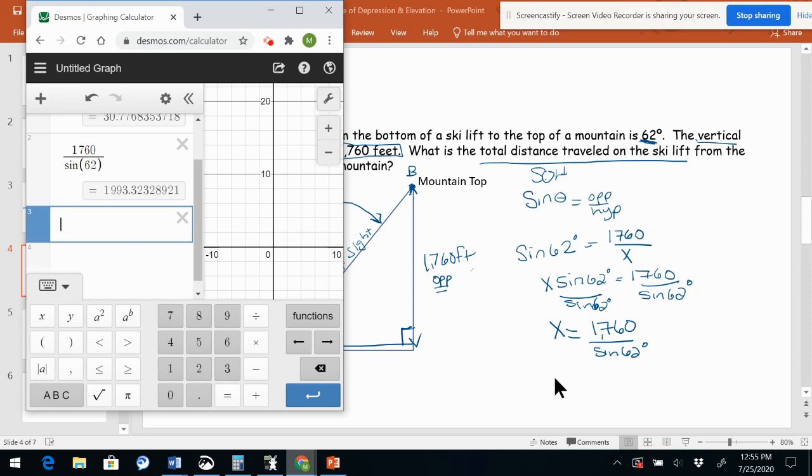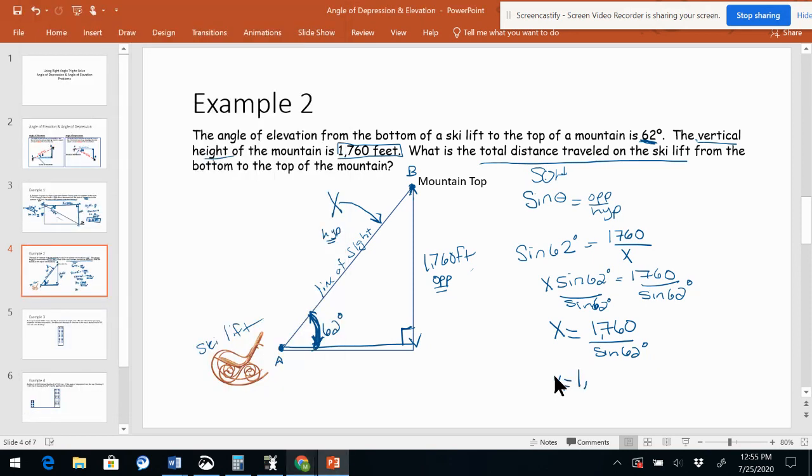So that is my final distance. X equals 1,993.3 feet. That's going to be the distance I travel up the chairlift from point A to point B.